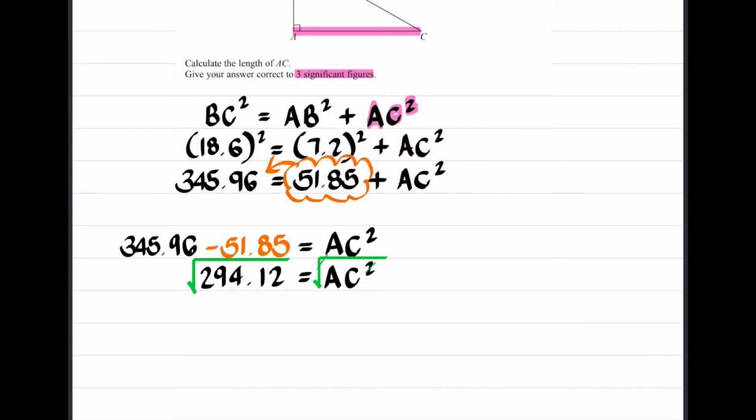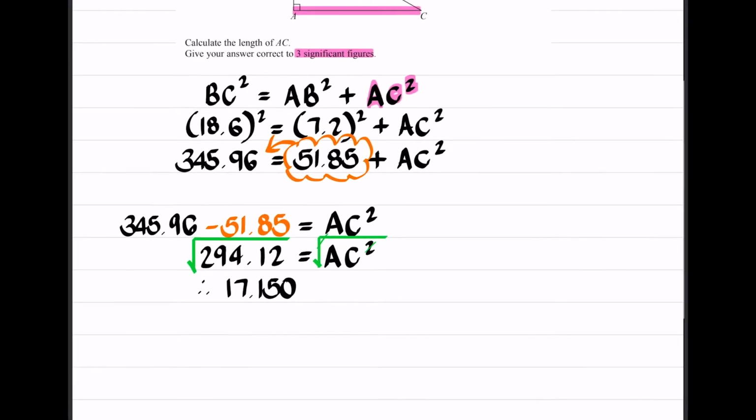The square root of 294.12 gives me an answer of 17.150, to 3 significant figures. I look at my unit, it was centimeters, and that is equal to the square root of AC squared, which is just AC.